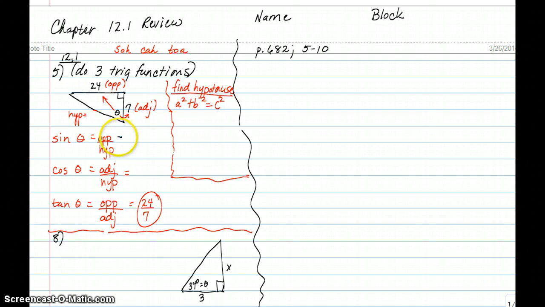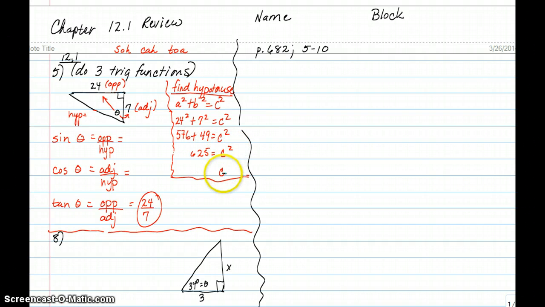We will, however, need to find the hypotenuse for the other two. So we have, and it doesn't matter whether you put 24 or 7 for A, 24 squared plus 7 squared equals C squared. And 7 squared is 49, and 24 squared is 576. 576 and 49 is going to be 625.